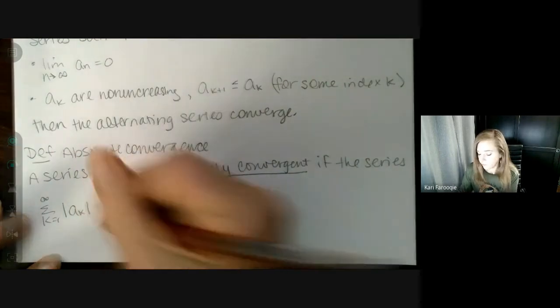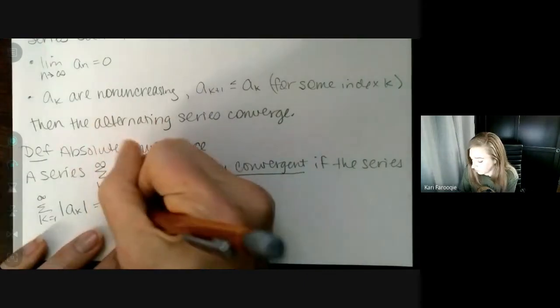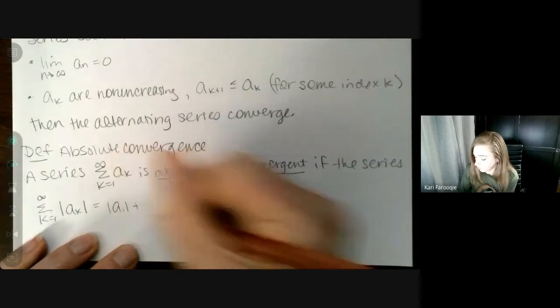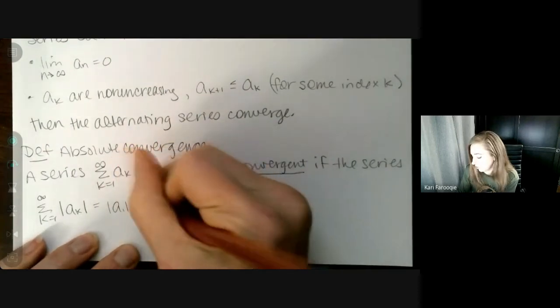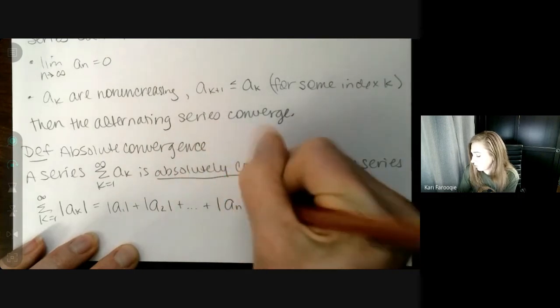So the absolute value of a sub k means that you're just taking the absolute value of each term in the series instead of changing the sign. So this would be more like the regular old series that we've seen so far. So the absolute value of a sub 1 plus the absolute value of a sub 2, so on and so forth.